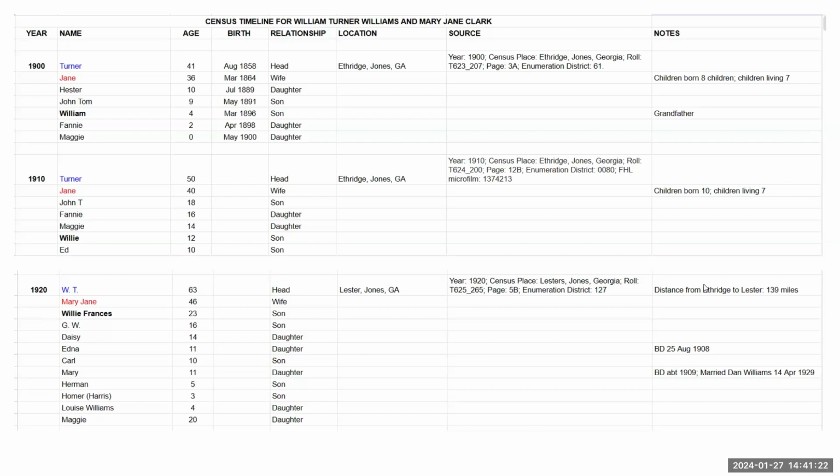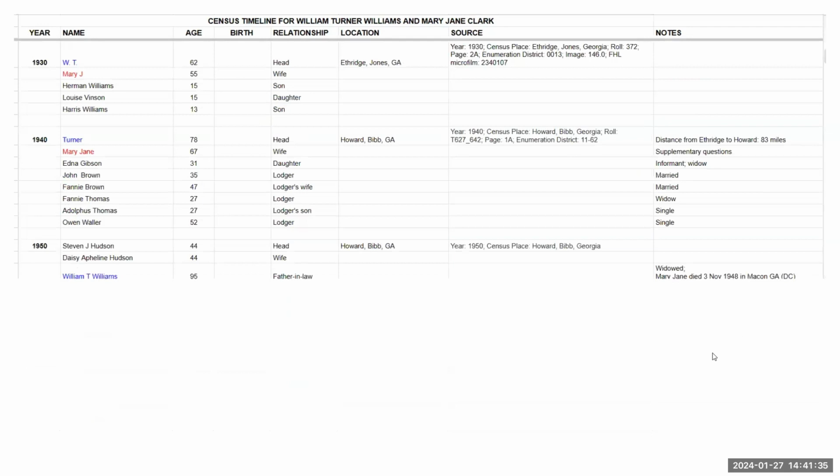And I put in the notes the distance to see, was it reasonable that they could have moved to a different place? In 1930, they're back in Etheridge, Jones, Georgia, and it's W.T. and Mary J. 1940 is Turner and Mary Jane.